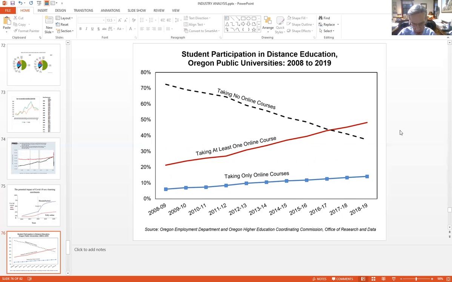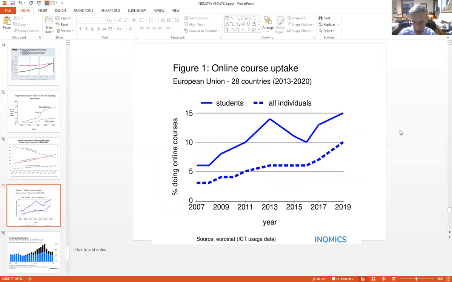And even the blue line that shows the portion of students that are taking only online, that still is not the majority, but it's rising. This is a graph from the European Union, and I confess that although I'm bringing it to you, there's a part of it that I don't understand.